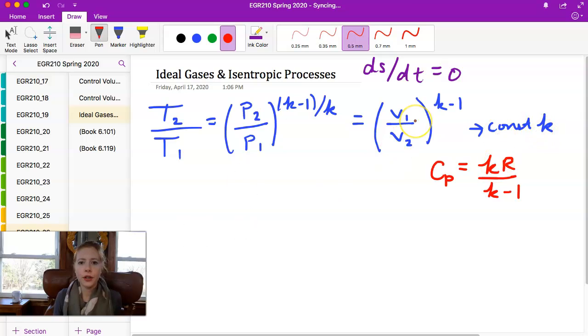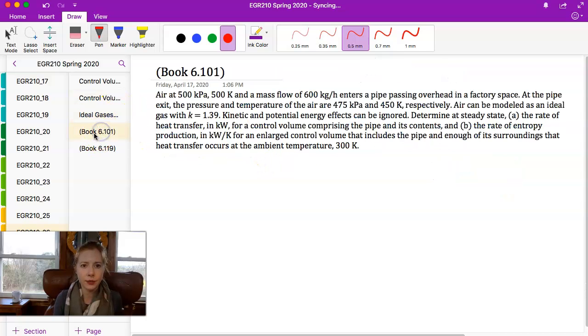So whenever you're given that we have an ideal gas undergoing an isentropic process with K equals some value between 0 and 1, then you can apply these ratios, okay, between state 1 and state 2 of that process. So we're going to try this in a couple exercises.